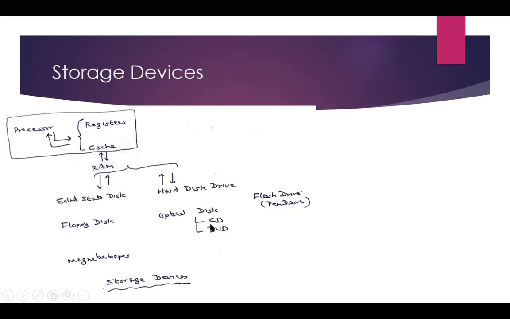So you can randomly pick up any data from the circle. But a magnetic tape is a linear tape, so to pick up data from a certain point, you need to move the pointer to that point on the tape.